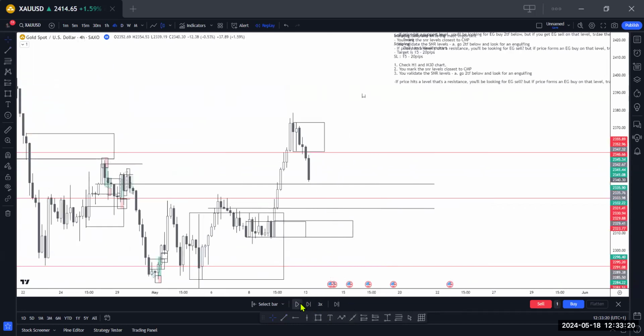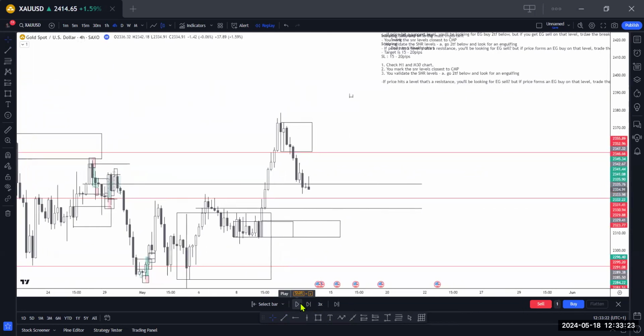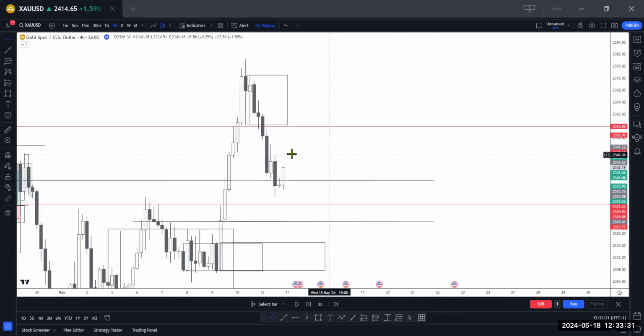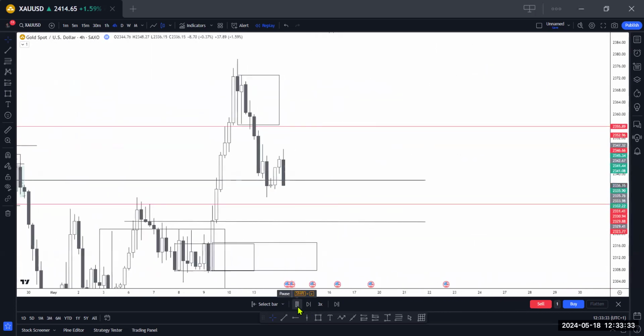So price keeps selling. This is a daily level, so I'm expecting an H4 engulfing buy. If I get an H4 engulfing buy, I'm going to start buying.